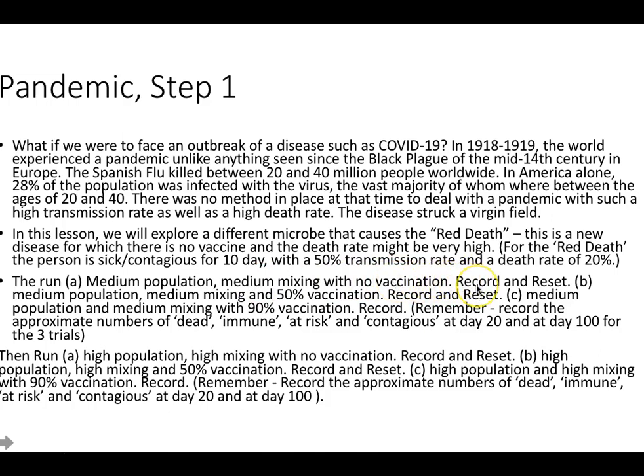You're going to record that. Again, you're going to record for 20 days, 100 days, and the dead, the immune, and so on. So then you're going to reset it, and you're going to do medium and medium with 50% vaccination recorded, and do it again, medium, medium with 90% vaccination.